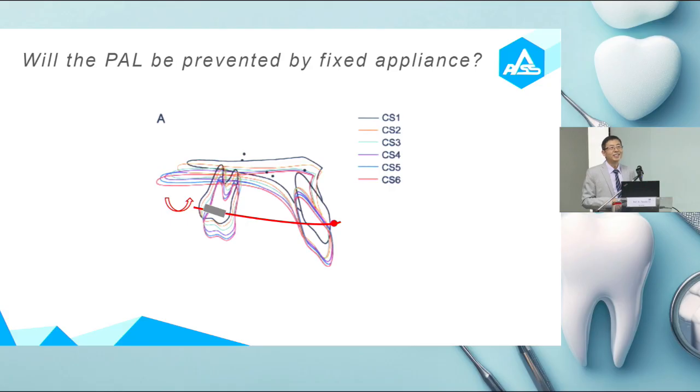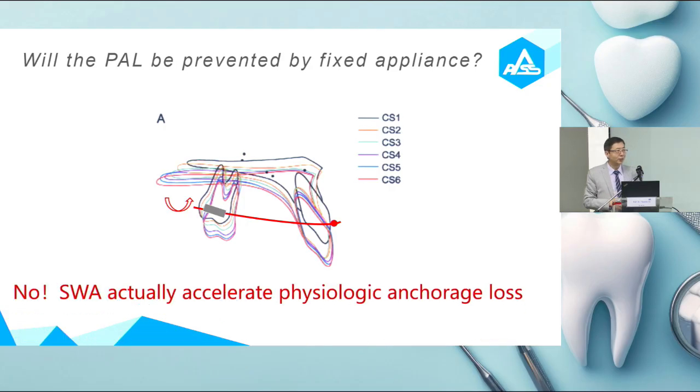We have already known even without this moment, molar will tip forward like this. With this moment, it will just accelerate physiologic anchorage loss. So our conventional straight wire appliance cannot stop physiologic anchorage loss.